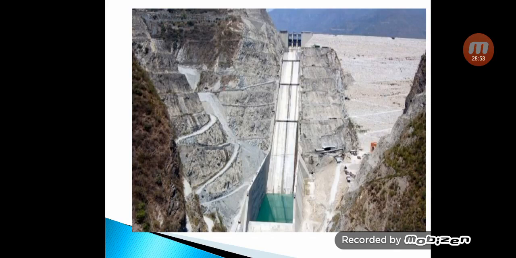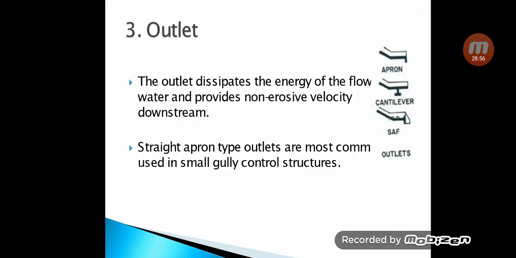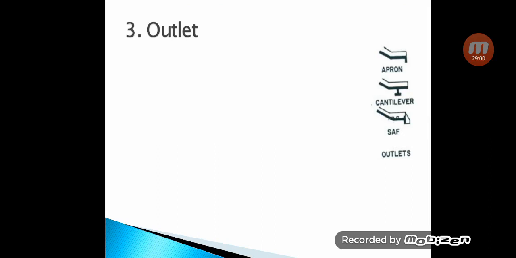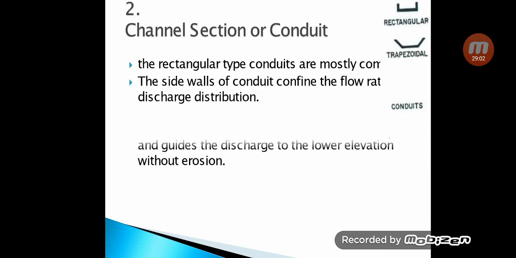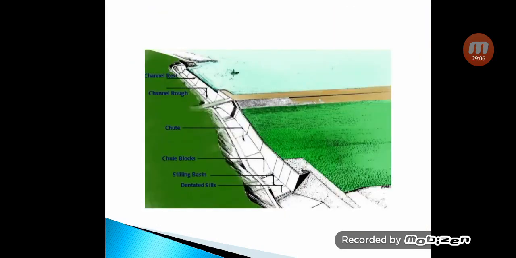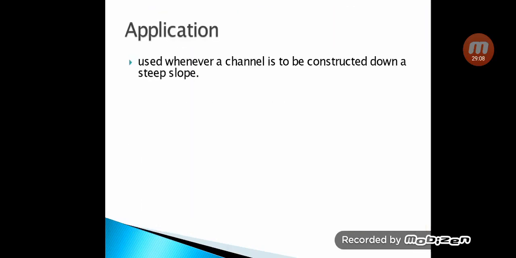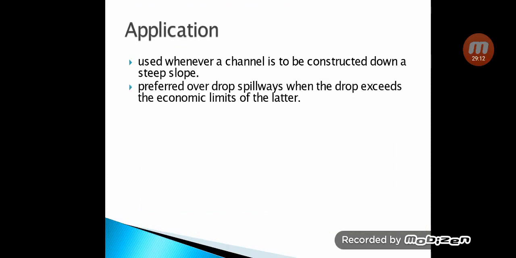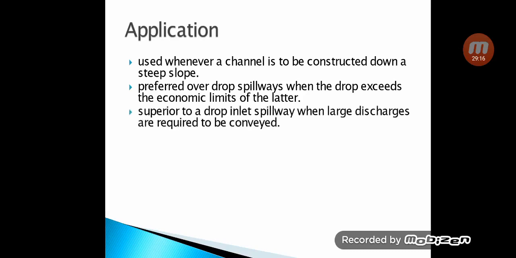This is another chute type structure. This is similar to the drop spillway, but the shape of this is a little different. So this is used where there is a steep slope and the drop is greater.